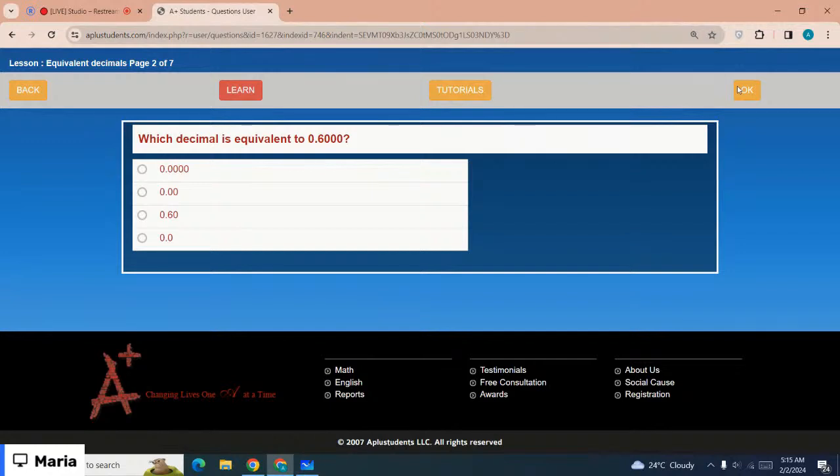Which decimal is equivalent to 0.6000? Which is the correct option? You are given four options. So which option is the correct one?